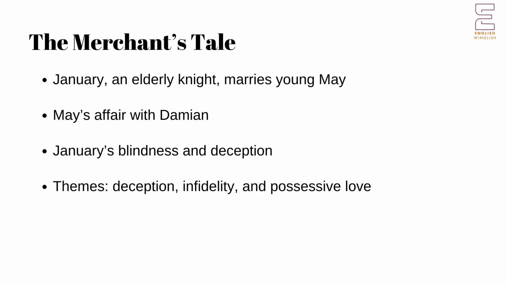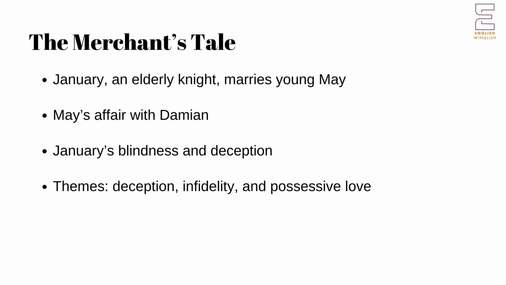January is temporarily blinded, allowing May and Damien to carry on their relationship more freely. However, the gods intervene, restoring January's sight at an inopportune moment, catching May and Damien in the act. May quickly deceives January with a clever explanation, and he believes her, showcasing themes of deception, infidelity, and the folly of possessive love.